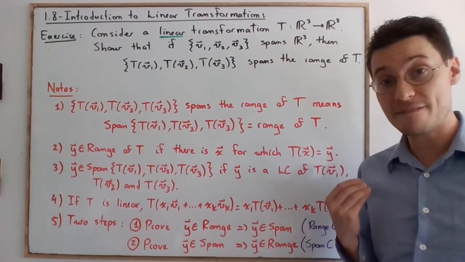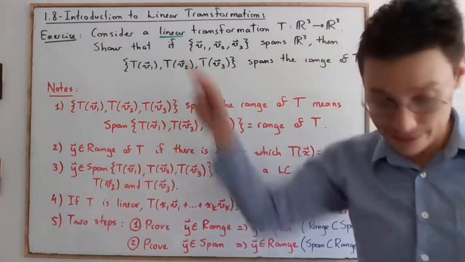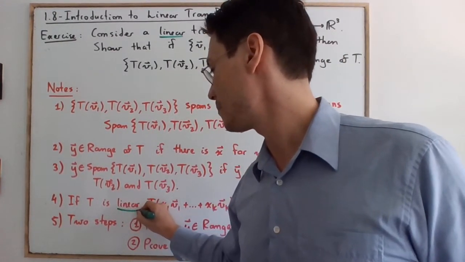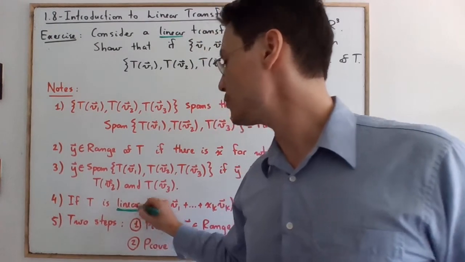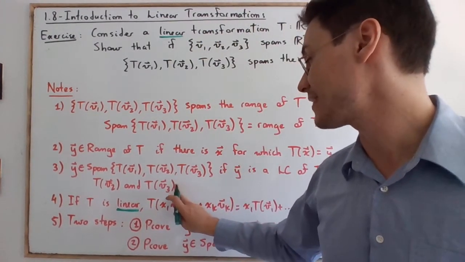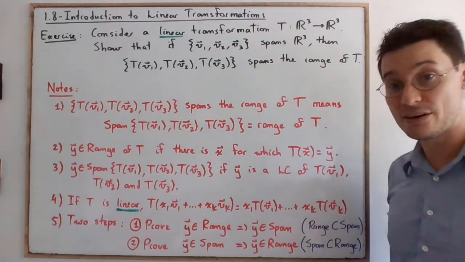The big final tool that we will use is this one. If T is linear, right? So note that we will use the fact that T is linear in order to use this kind of calculation, okay? If T is linear, it preserves linear combinations.